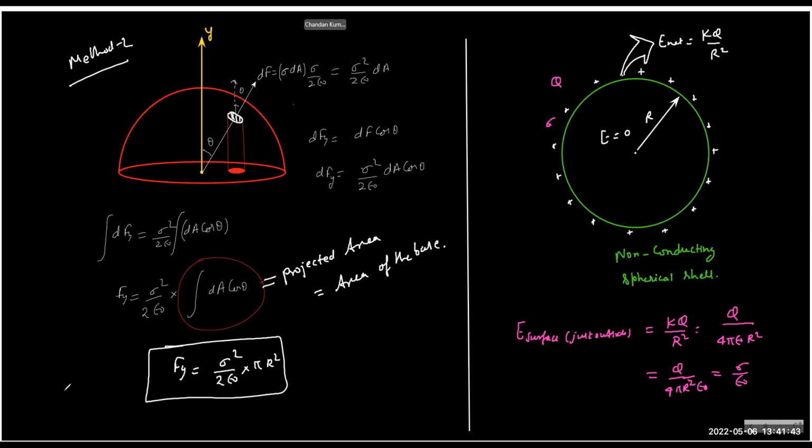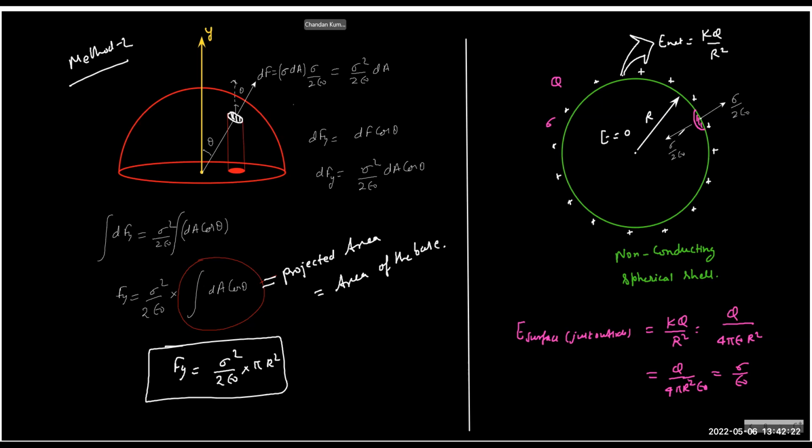All right. If I want to know the field due to the patch only, what is the contribution of this patch? If you go really close to the patch, the patch will create the field this way and this way both. Because you are very close to the patch, we can consider this as an infinite disk, and due to an infinite disk, near its center the field is always this value.